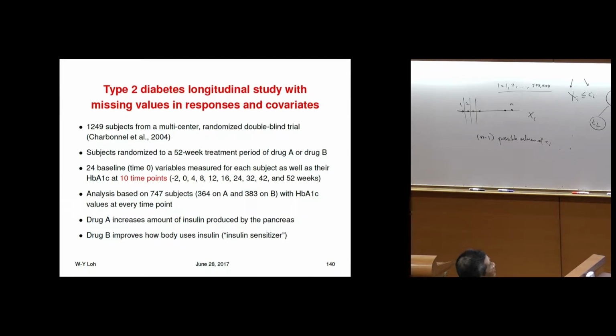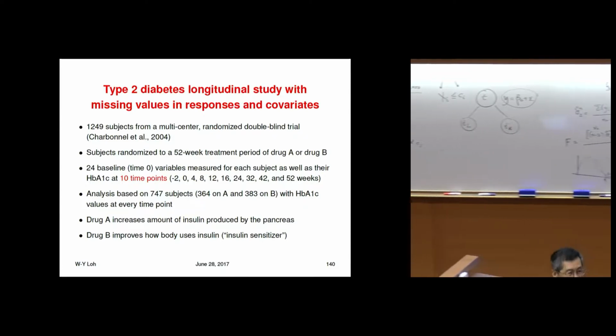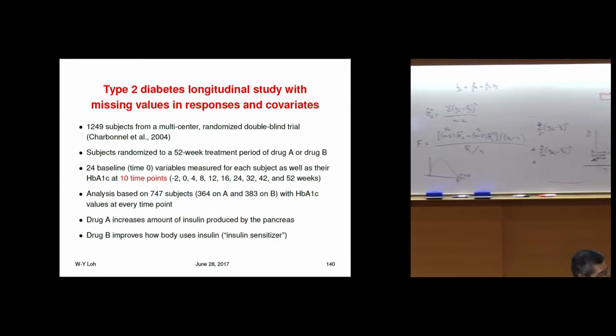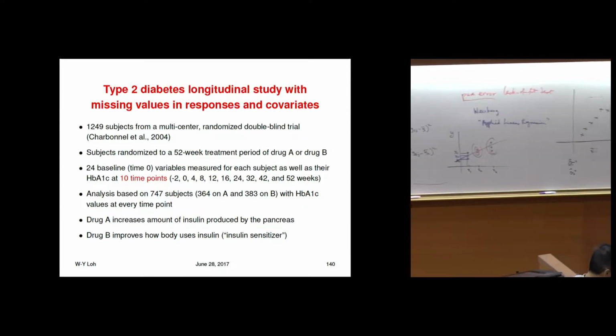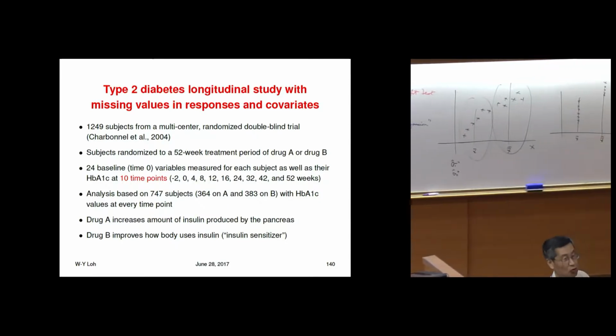Then they take measurements at the beginning of the trial, 4 weeks later, 8 weeks later, 12 weeks later, and so forth. So there are 10 time points. Your Y variable here is the A1C, blood sugar level. Diabetes can be measured by how much blood sugar is in your body.